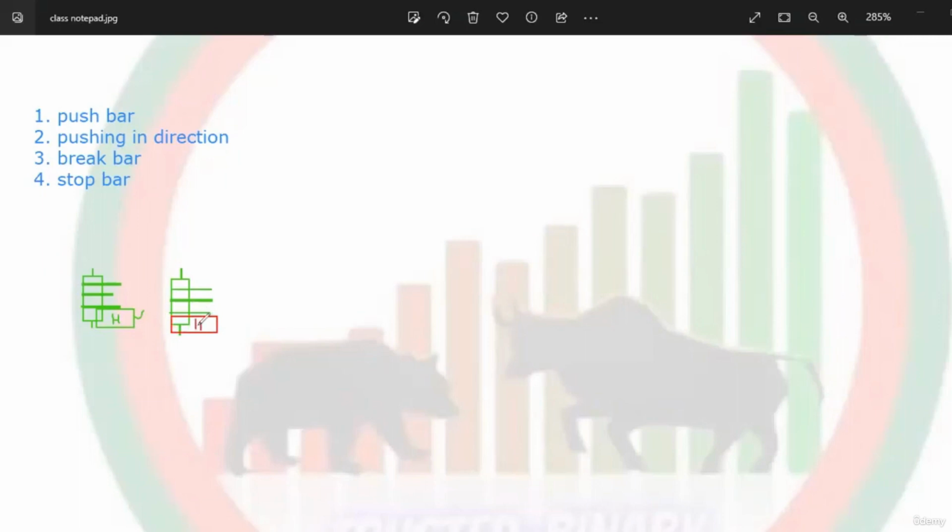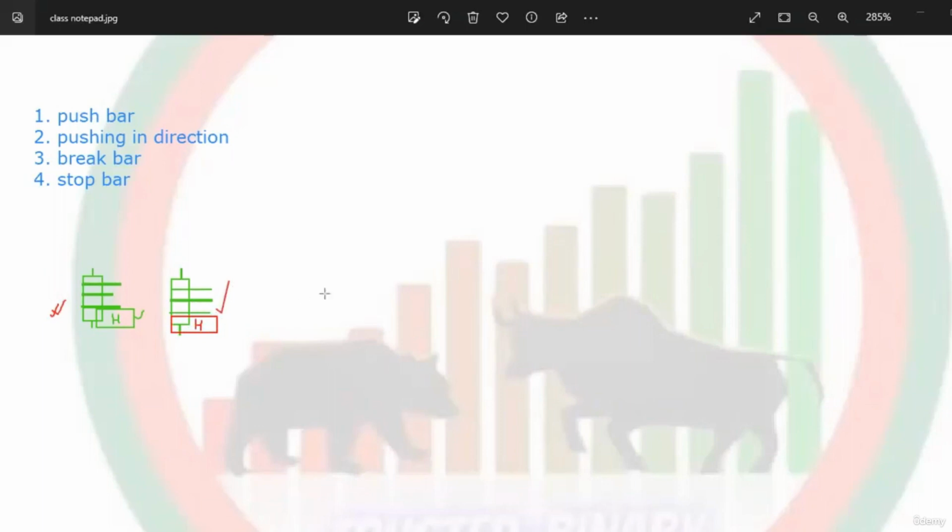So now the question is, can we call this one also a push bar? No. This one is okay, but by your thinking, this is not okay. But we have to take this one also as a push bar. Now, what's the logic? We have to understand the logic first.